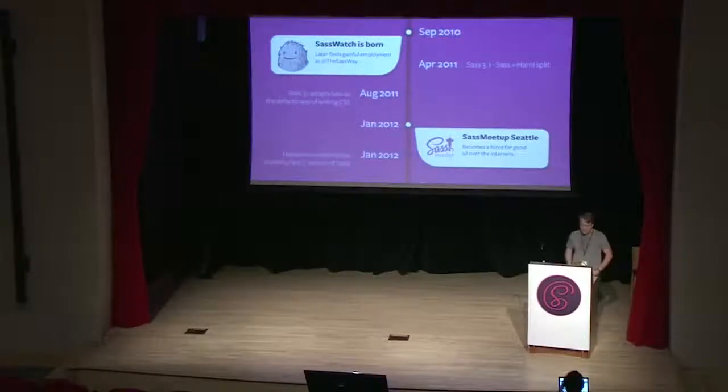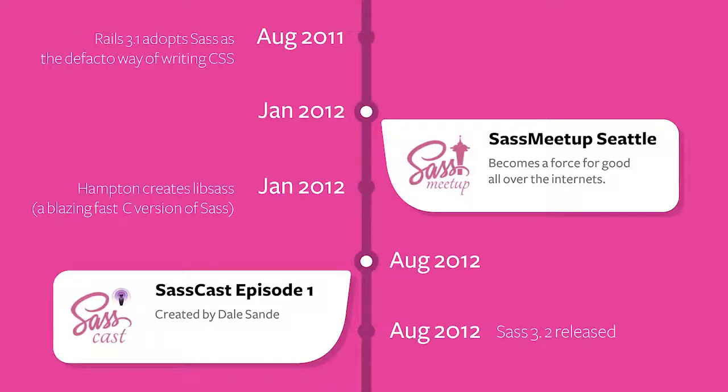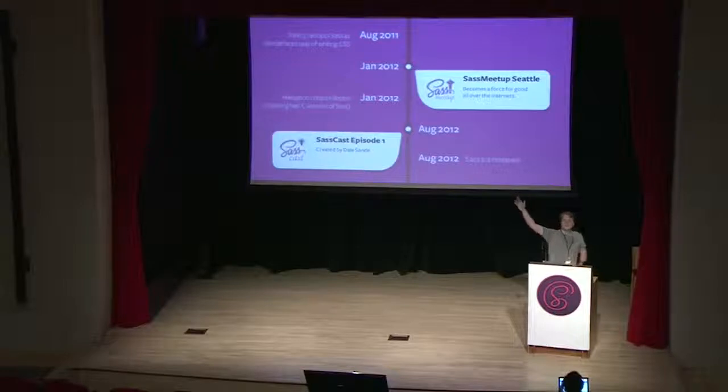Constantly posting cool stuff about Sass. 2012, Hampton created the C version of Sass, libsass. Also in 2012, we had our first episode of Sasscast. Anybody listening to Sasscast? Yeah, a couple of people. Some good stuff there. Dale is doing a good job on that.